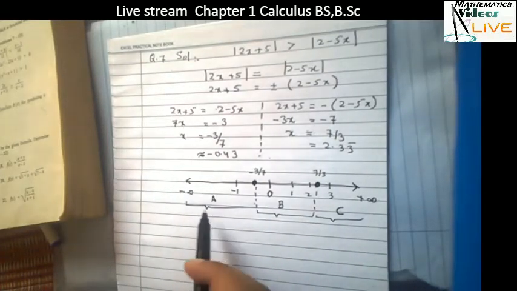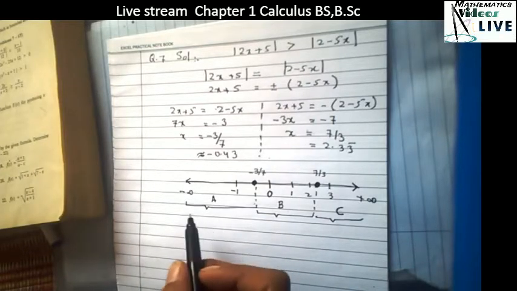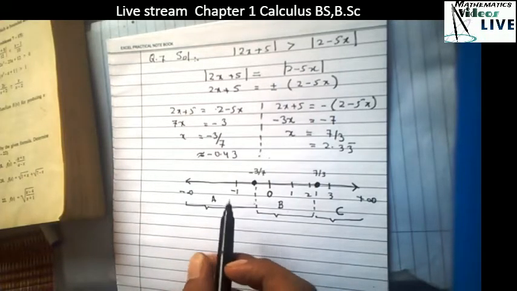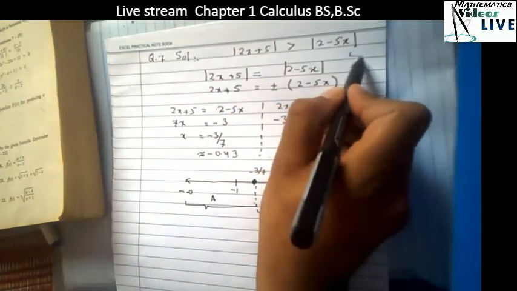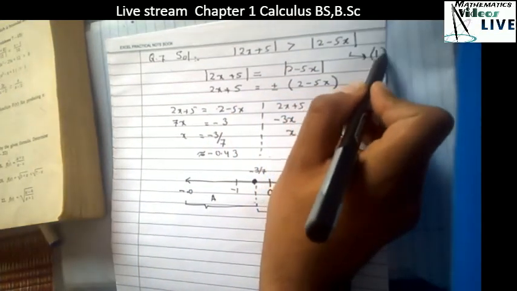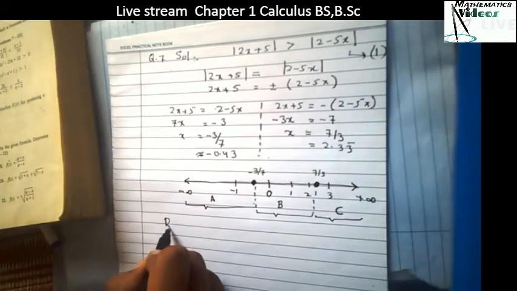We call this region region number A and this region region number B and this region region number C. We have named these regions A, B and C respectively.